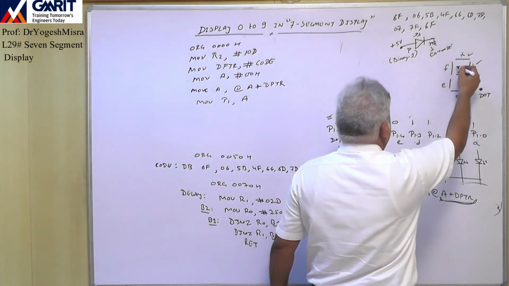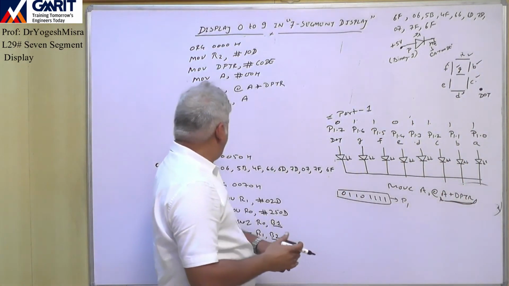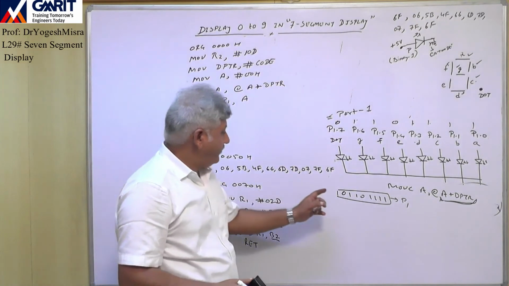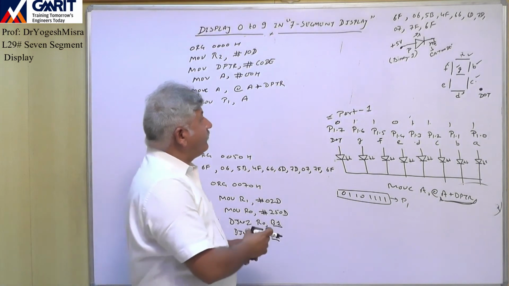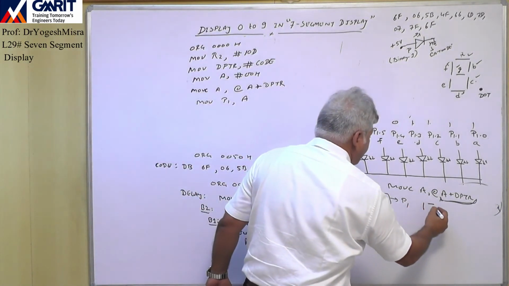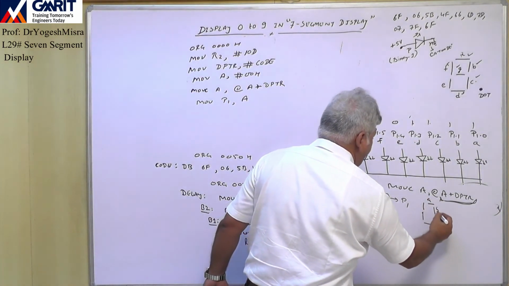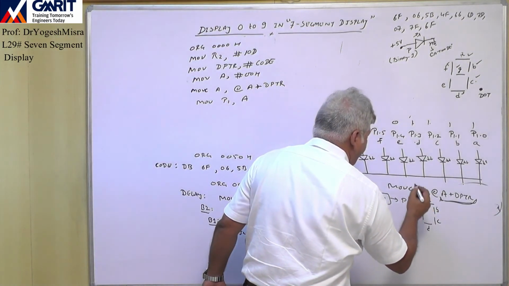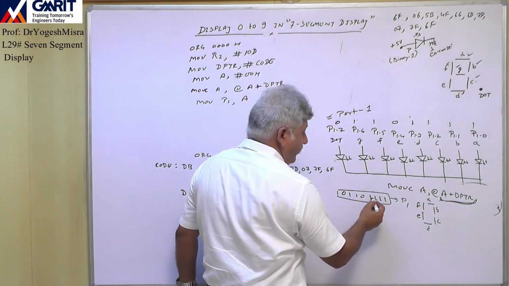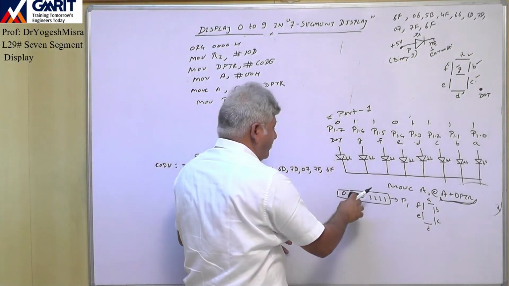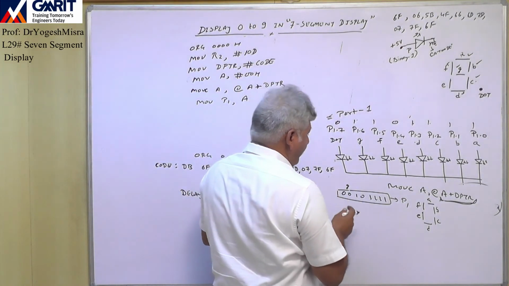In this case the value is wrong, because we want to display 0. 0 means A, B, C, D, E, F must glow and only G will be off. So this is G, and the remaining will glow.